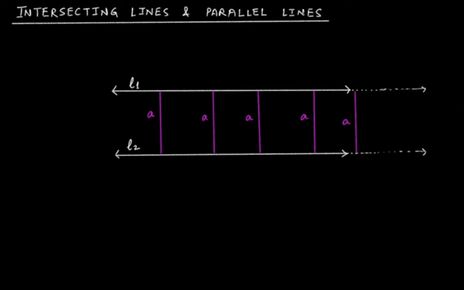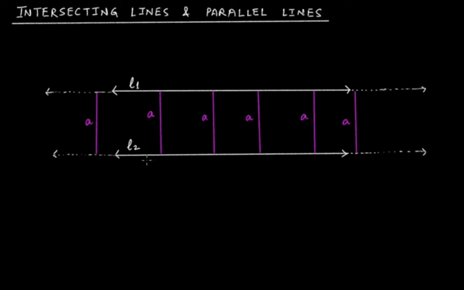And a similar thing you can do on this side. If you extend this line, it's just a rough diagram, so it may not appear straight because I'm drawing with my hand without the help of a scale. Here also if you measure the distance, it will again come as A.